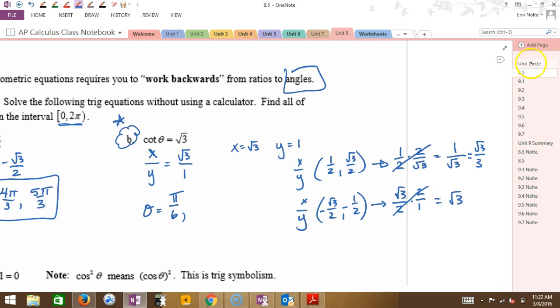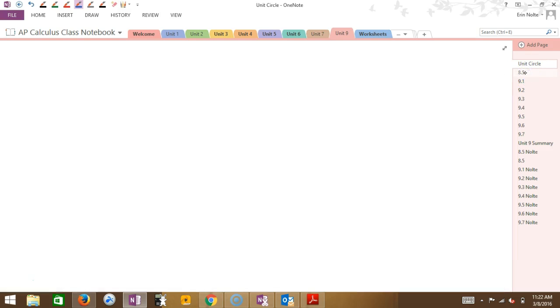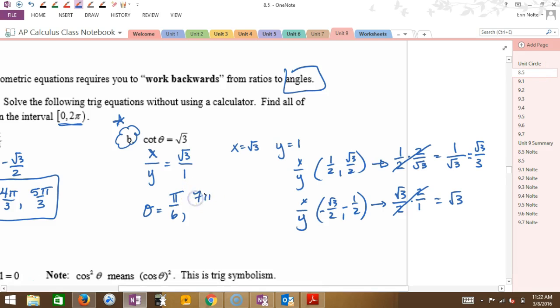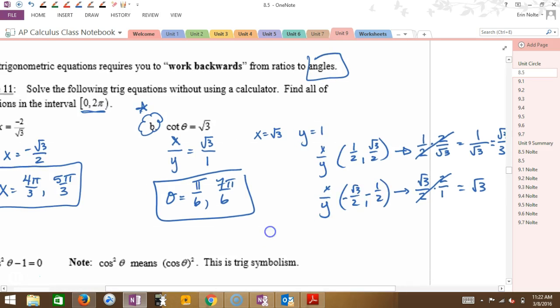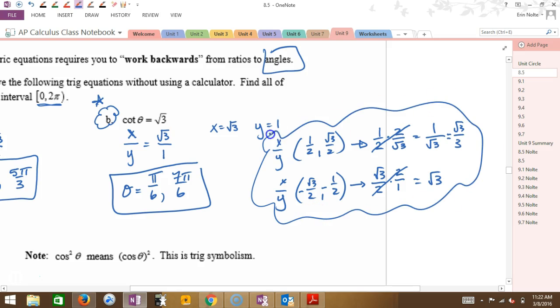So we can also look at a negative square root of 3 over 2 and a negative 1/2, which is 7 pi over 6. Okay, so this scenario, when you have to deal with cotangents and tangents, that will always be the hardest angle to find because it's been reduced. Okay, so definitely understand, you've got to understand this thinking.